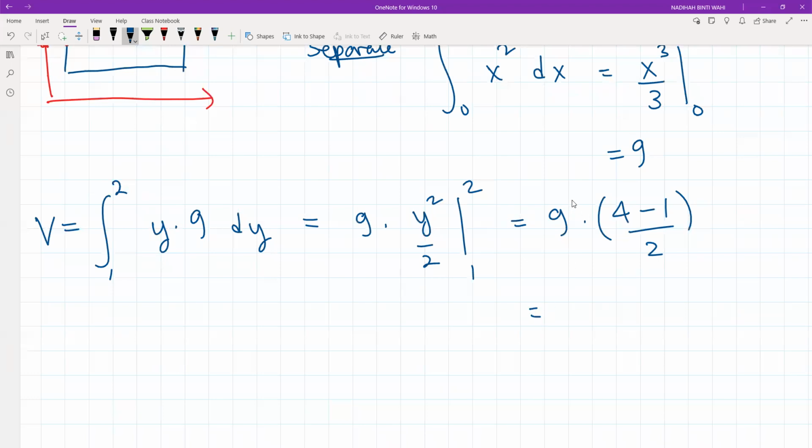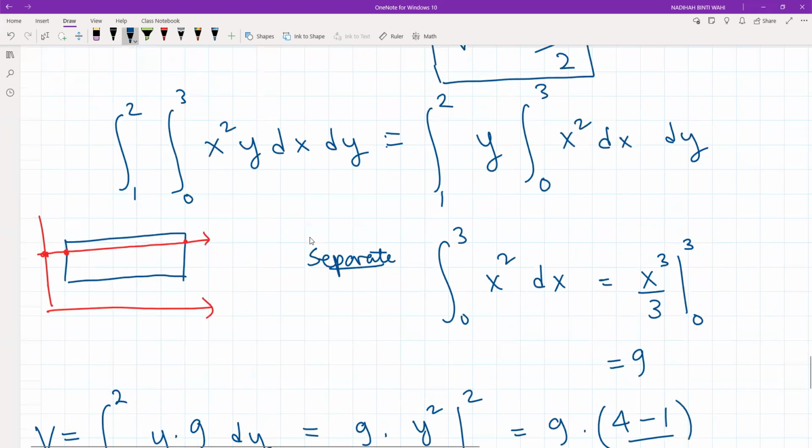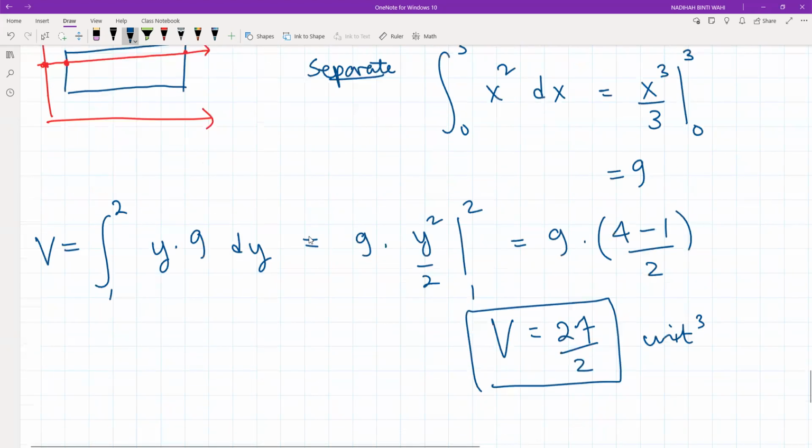So you get the same thing. 9 times 3 is 27 over 2. Do you see this? It gives the same answer. Why? Because this is a rectangle and it doesn't matter whether you do dx dy or dy dx.